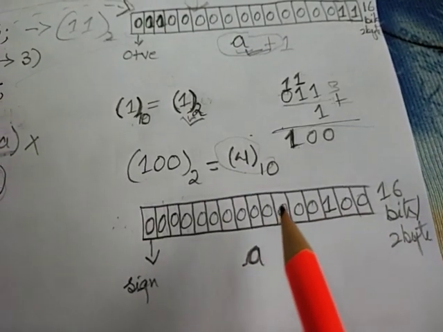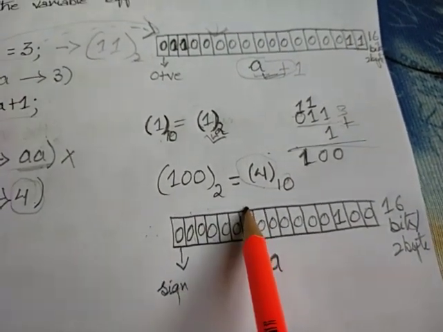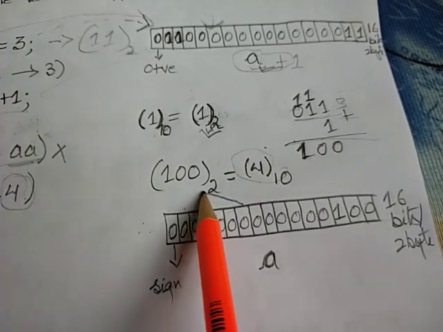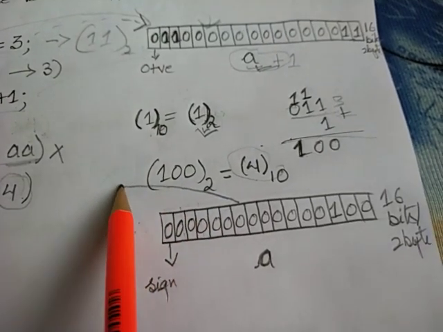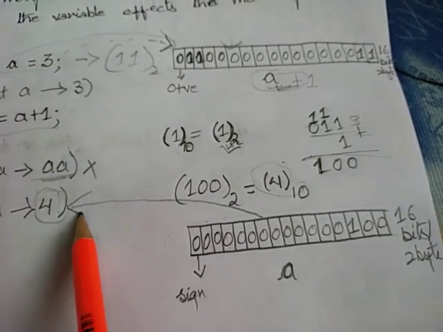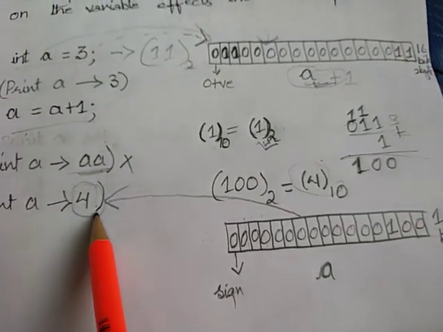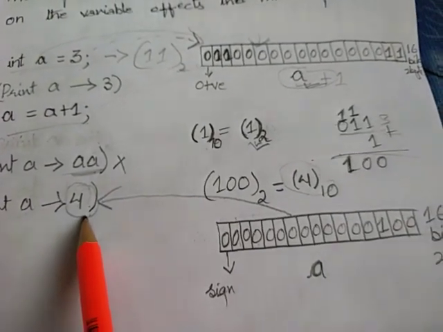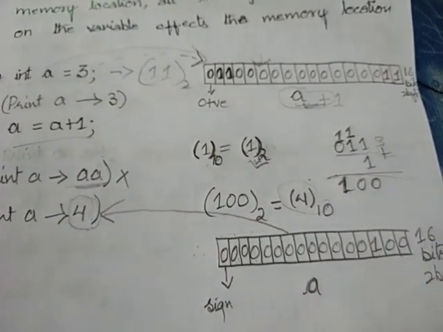So when you run your program, you will see the output. That means the compiler translates this binary code back to C program code, and the output that you will get will be 4. So I hope you understand now.